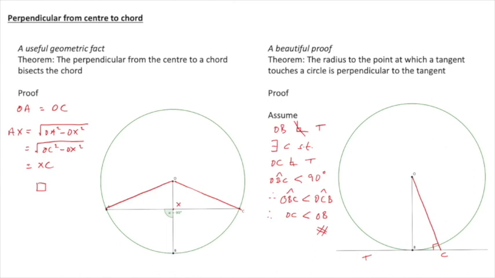We know that can't be true, and therefore the assumption we started with must be false, because it's led to a falsity. So, since our assumption was that OB is not perpendicular to T, we have actually proven that OB is perpendicular to T. And as I mentioned before, this is a proof by contradiction, and this is covered in more depth in A2.